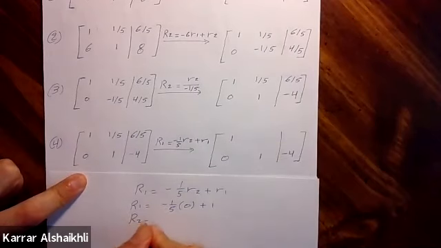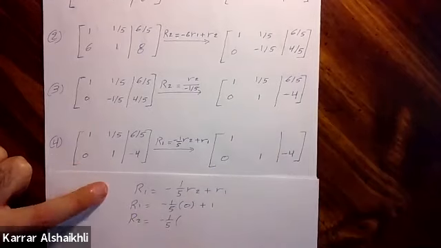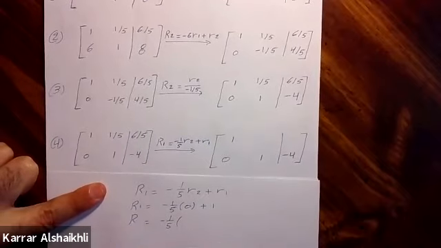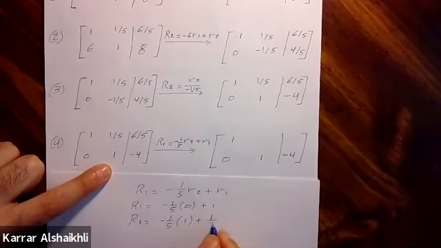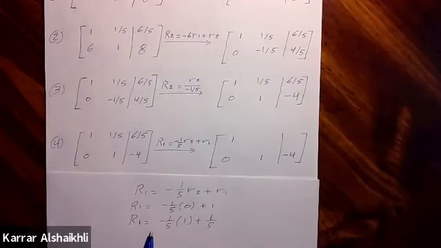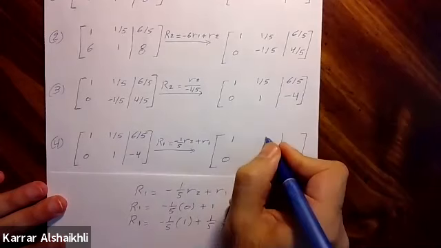The second number, negative 1 over 5 times R2, not R1, times 1 plus 1 over 5. So negative 1 over 5 times 1 is going to be negative 1 over 5. Plus 1 over 5 is going to be 0. So here is going to be 0.